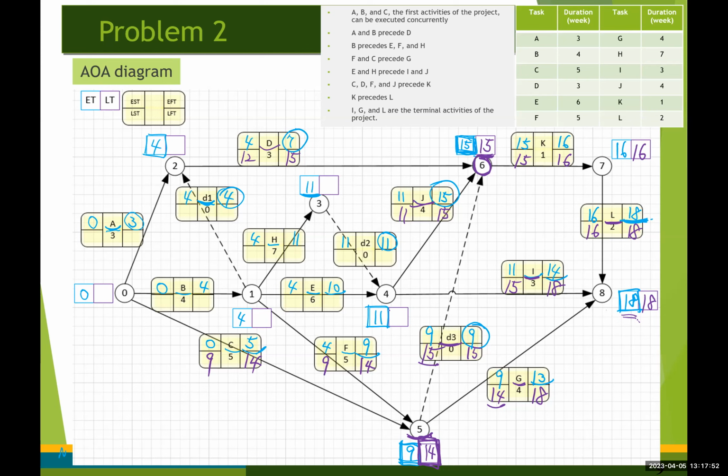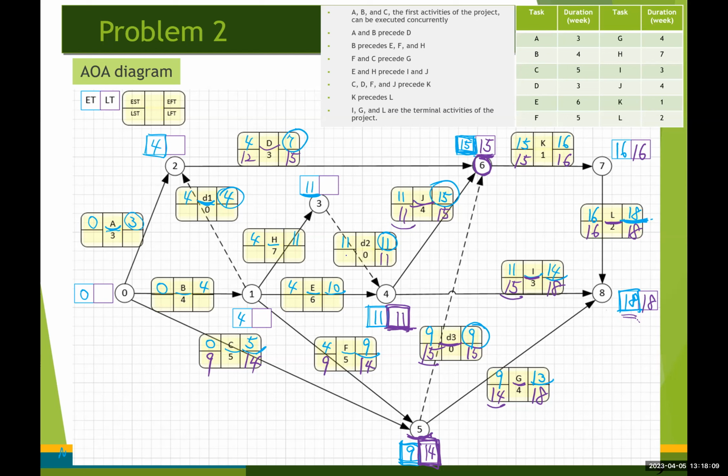And also we are ready to determine the latest time for event number 4, right? That's going to be the smaller value between 11 and 15. So we have 11 down here.